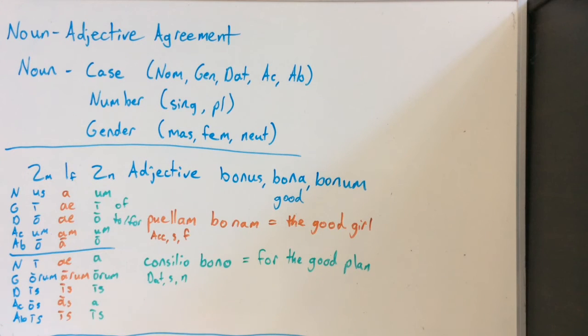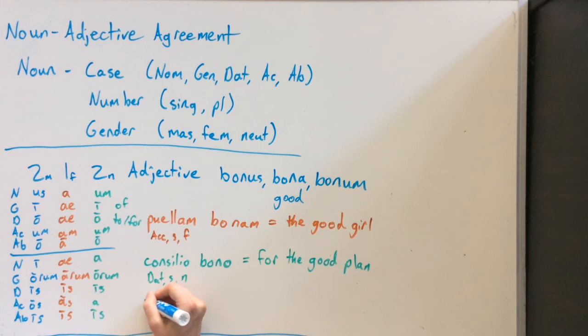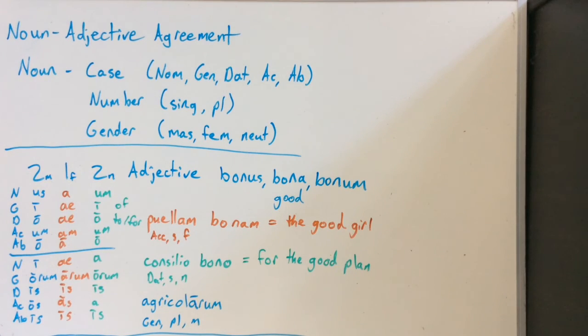How about a masculine noun? But we're going to use the first declension masculine noun, agricolarum. So with that arum ending, we'll have a genitive plural, and then farmers are actually a masculine noun, even though they're first declension.